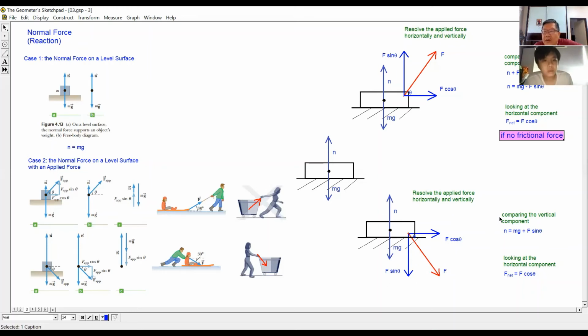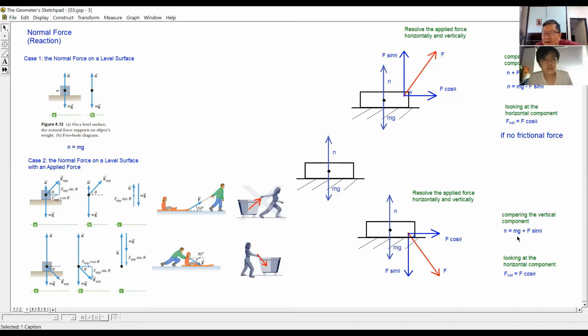Now, compare the vertical components. They are N, mg, and F sin theta. Now, these forces are balancing one another. How is it balanced? The upward force, N, equals the downward forces, mg and F sin theta.